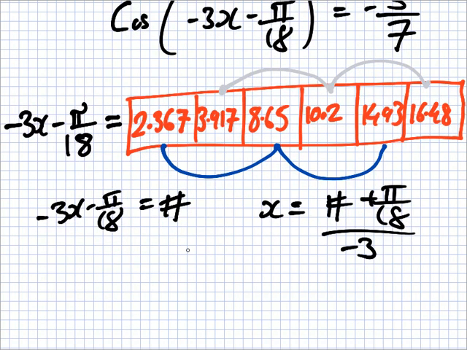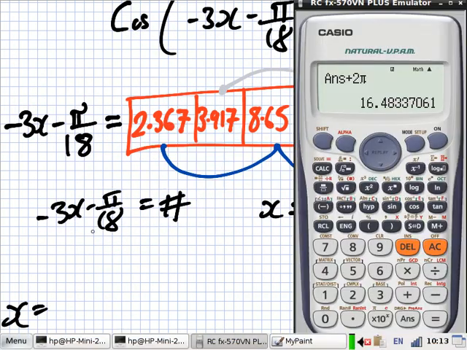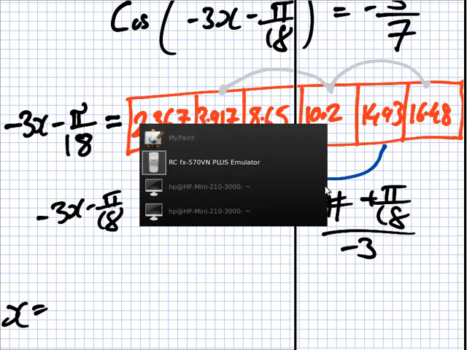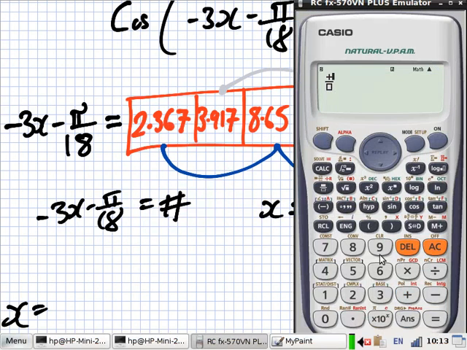Okay, so let's run through the 6 answers doing that. So it's going to be the answer plus pi over 18, over minus 3. Okay, so the first one is 2.367. Don't you multiply by minus 3? I divided by minus 3.